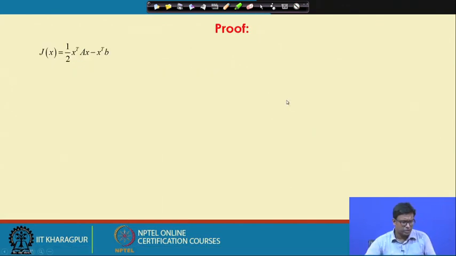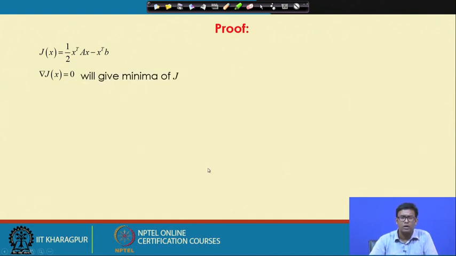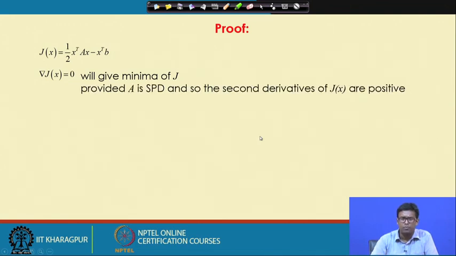It starts with J(x) is equal to half of x transpose A x minus x transpose b, and for minima we must have, because this is a multivariable function, the gradient of J equal to 0. The first order derivative is 0, provided A is a symmetric positive definite matrix.